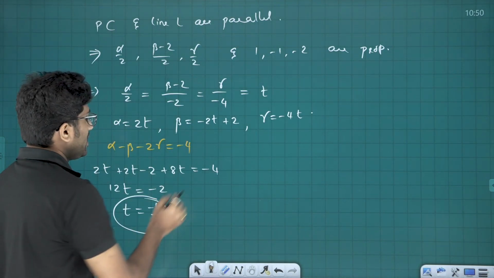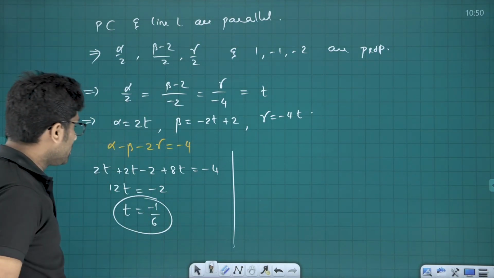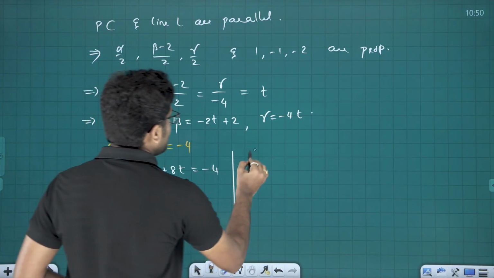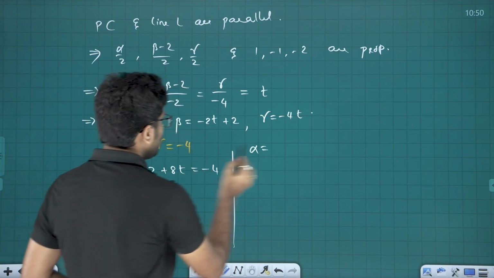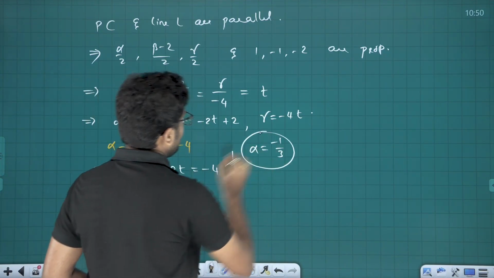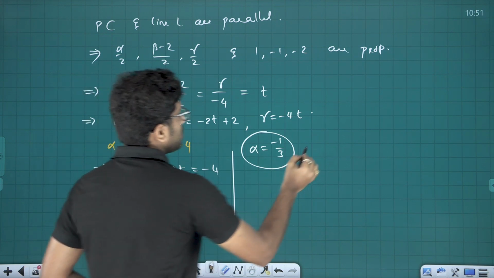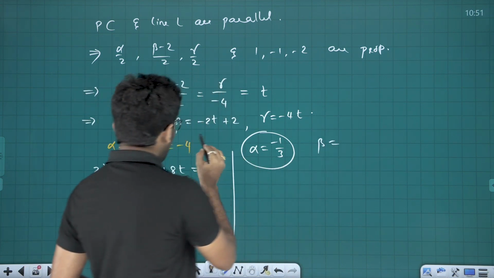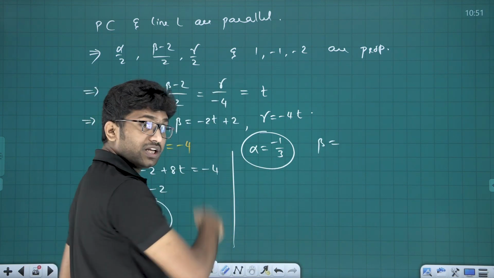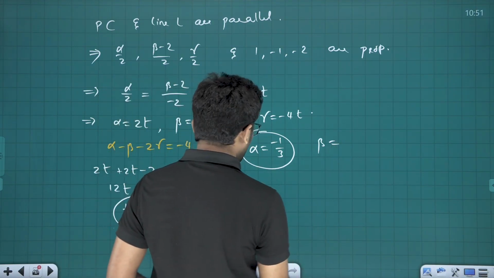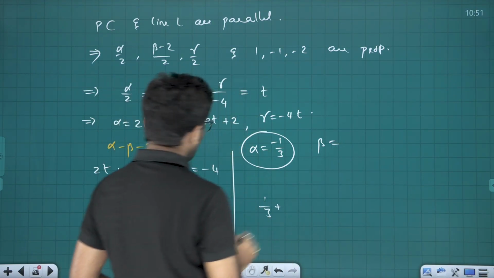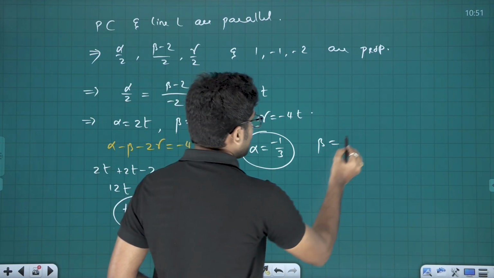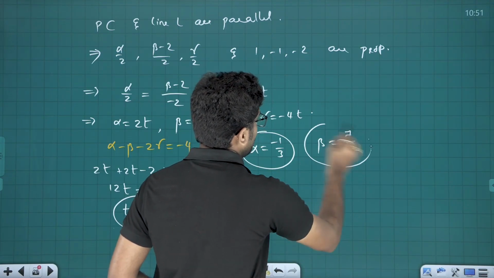If T is minus 1 by 6 friends, then alpha is equals to 2 into minus 1 by 6, which is minus 1 by 3. Beta is equals to minus 2T plus 2, that is 1 by 3 plus 2, which is 7 by 3.